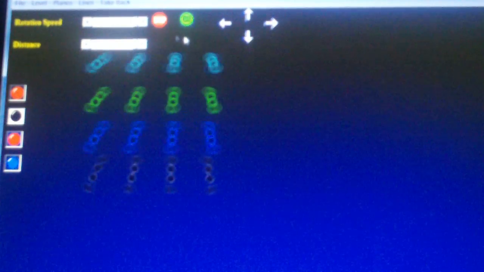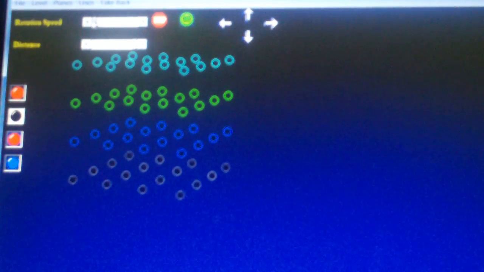I was concerned that VB wasn't going to be able to calculate all those positions so fast, but it actually was able to do that amazingly fast. And if you have a higher rotation speed and then you make it go to the right, it just goes so fast you can't even see where to place your guys.